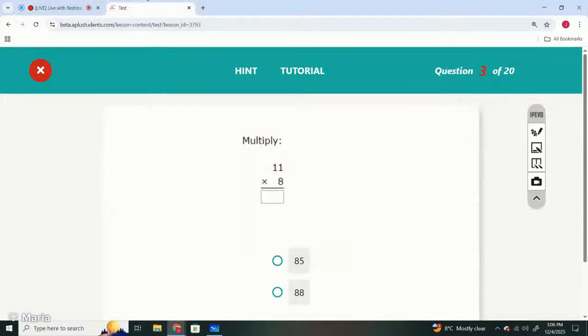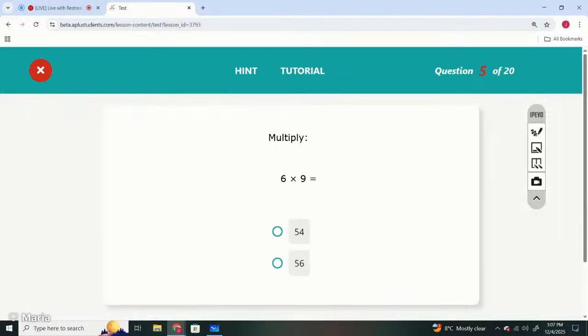Got it? 11 times 8 is 88. Next, 9 times 9. 9 times 9 is 81. Option number 2 is the correct option.